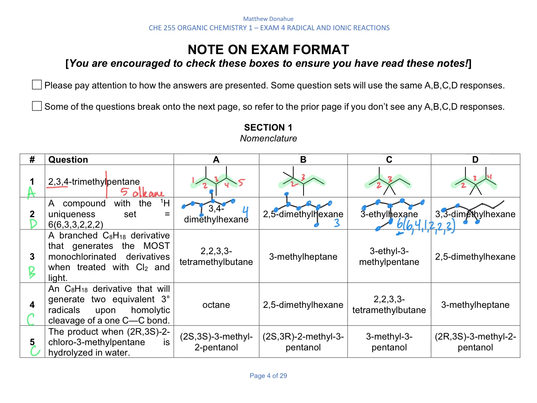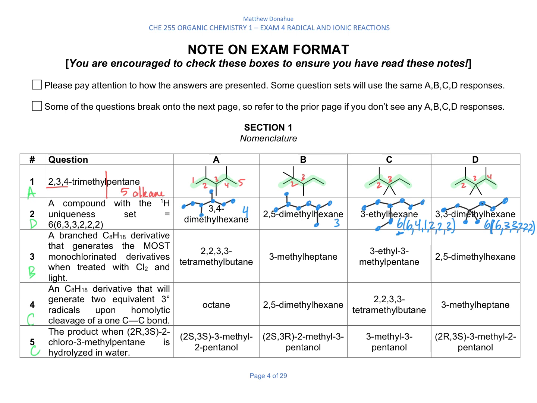So 1, 2, 3, 4, 5, 6. Starting from the highest, the 2 methyl groups here give you 6. The terminal methyl groups give you 3 and 3, and then you have these internal methylenes, here, here, and here, and that gives you your 2 to 2 to 2. So your 6 unique sets there meet that requirement.